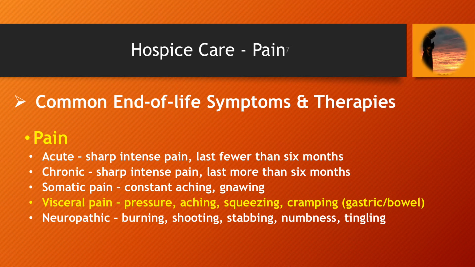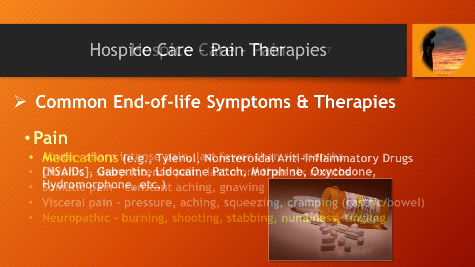That includes the heart, lungs, liver, intestines. Some of the diagnoses could be bladder cancer, gallstones, colon cancer, etc. Neuropathic pain can be described as a burning, shooting, stabbing, numbness, tingling type of pain. It can be found in your diabetic patients, those with neurological diseases, and even those who have tumors.